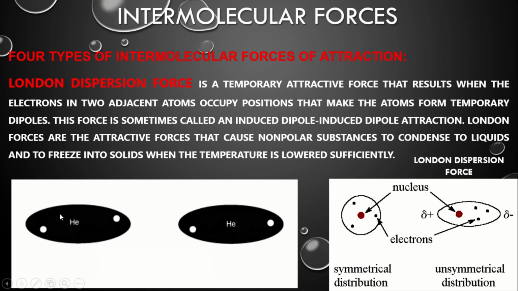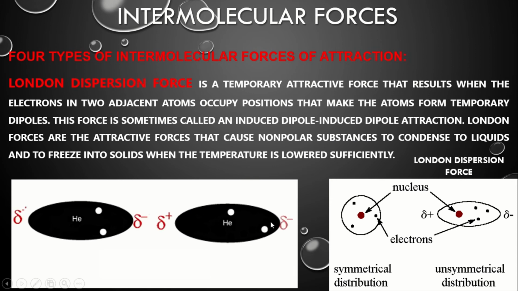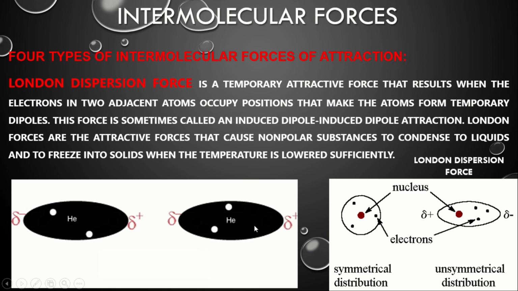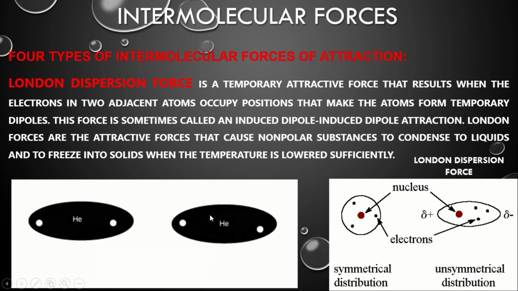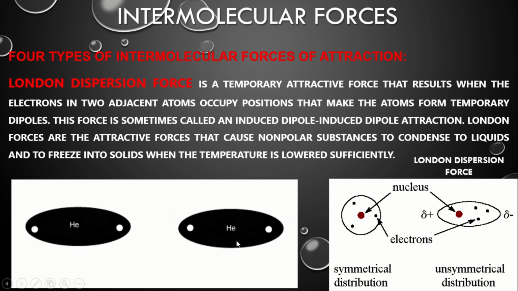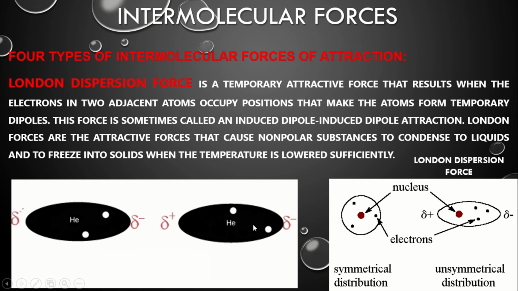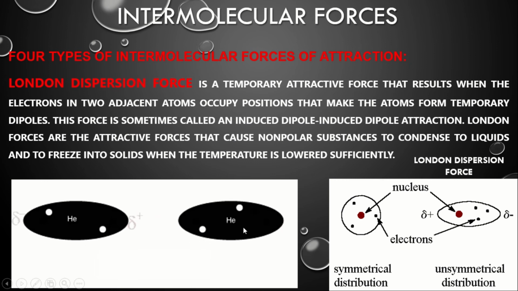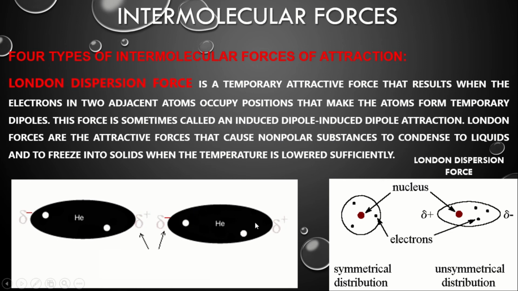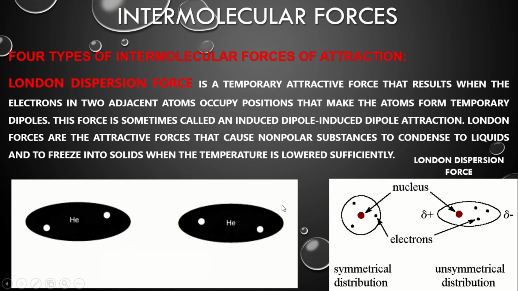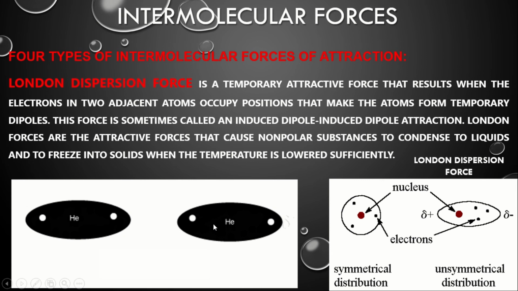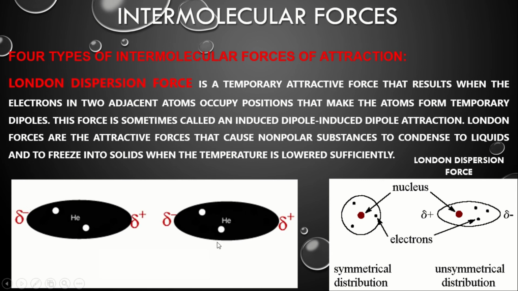Now, kapag merong dalawang helium atom at yung isa ay biglaan lang na nagkaroon ng dipole kasi napunta yung dalawa niyang electron sa right side, then remember electrons are negative. So, na-focus lahat ng electron dito sa right side na to, so magkakaroon ng partial negative dito. Dito, walang electron, so magkakaroon ng partial positive.